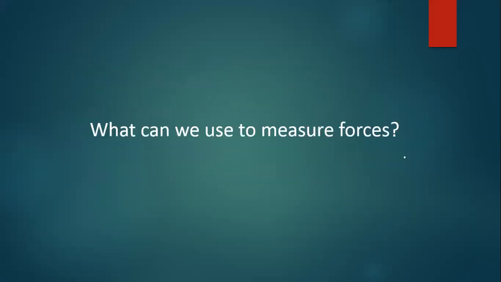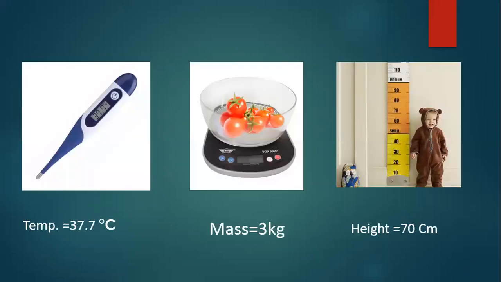Point number 3 that you have to know: how can we measure forces and what can we use to measure forces? First, if I want to measure anything, I have to use a device. For example, in picture number 1, I want to measure the temperature.